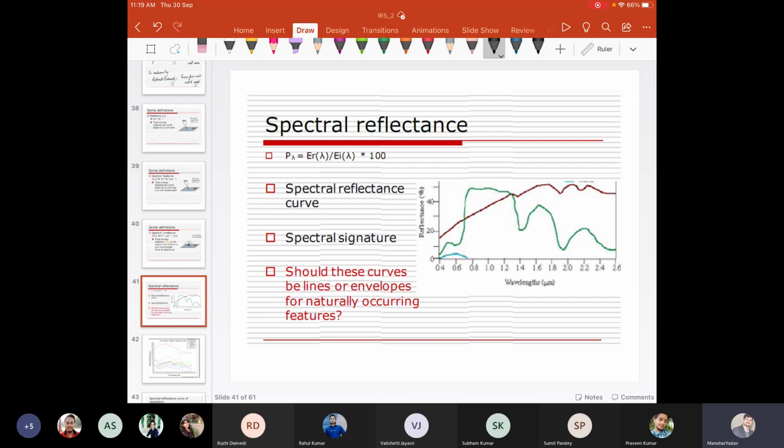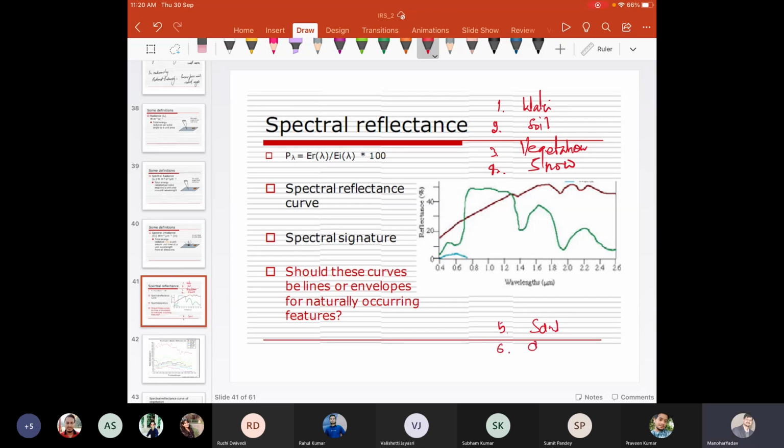Now our focus is to discuss the spectral signature of various Earth surface objects. In the previous discussion, I talked about how the Earth's surface is covered by some major objects like water, soil, vegetation, snow cover, and sand.